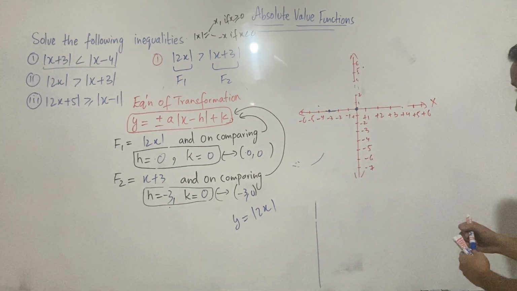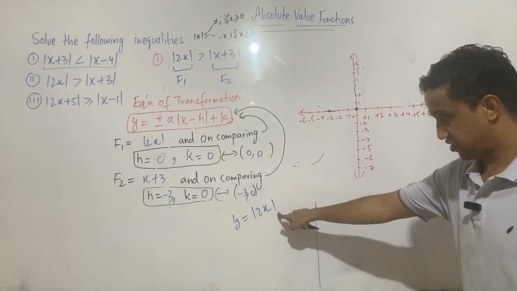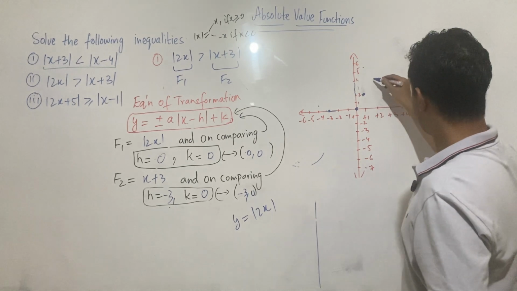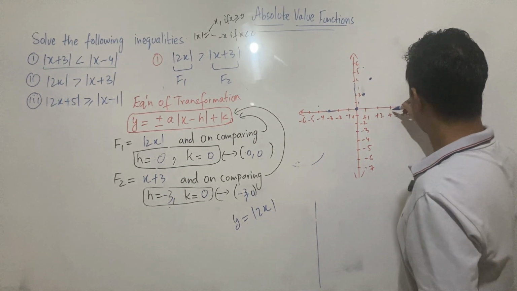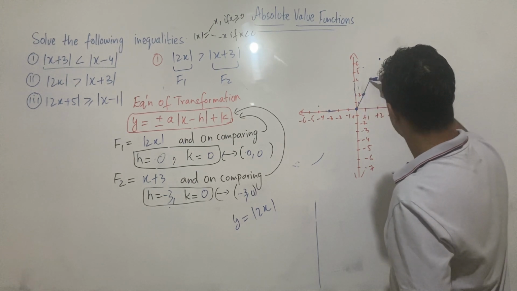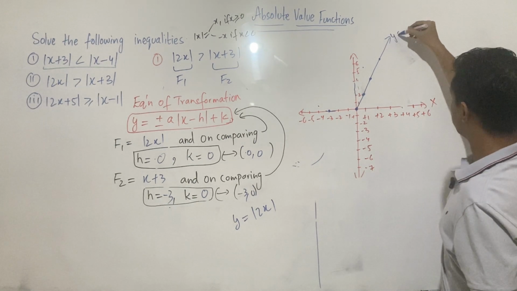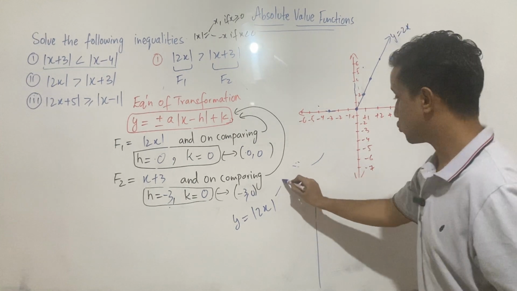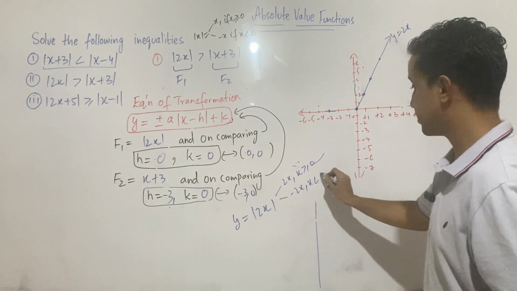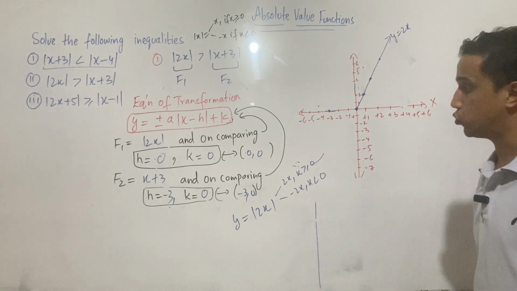Now let's take y equals the absolute function 2x. x 0, y 0; x 1, y 2; x 2, y 4; x 3, y 6. So this is going to be like this. Y equals 2x, because 2x for x greater than or equal to 0, and minus 2x for x less than 0. You know this, it is the basic of the absolute value function.